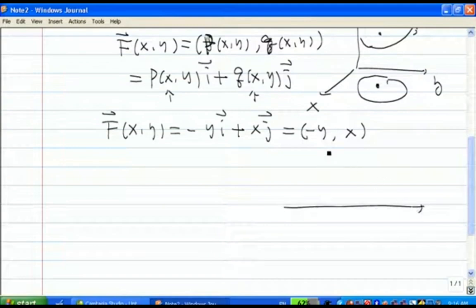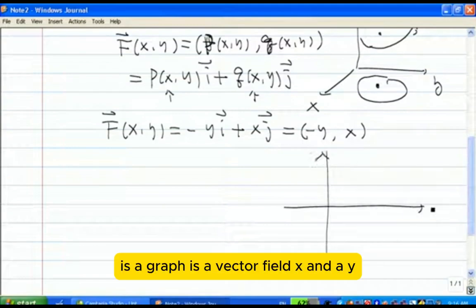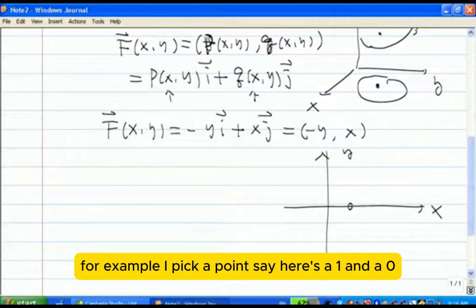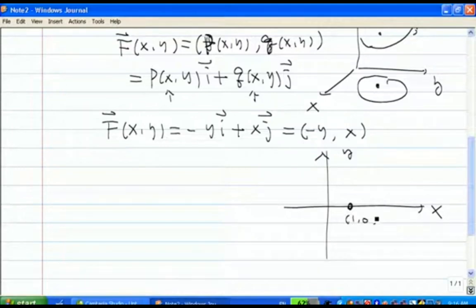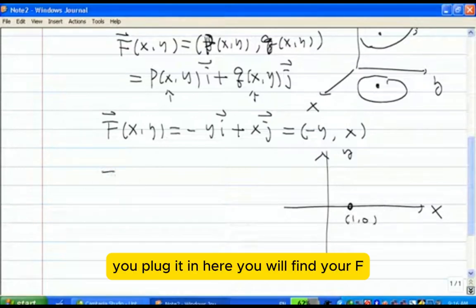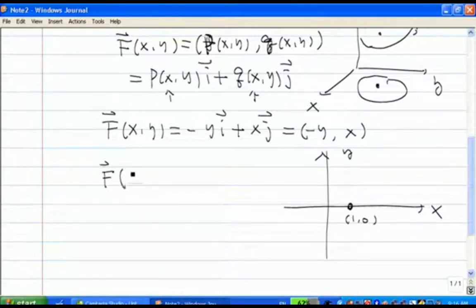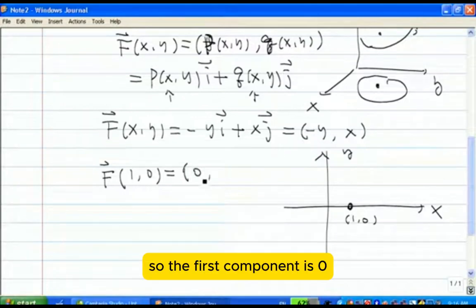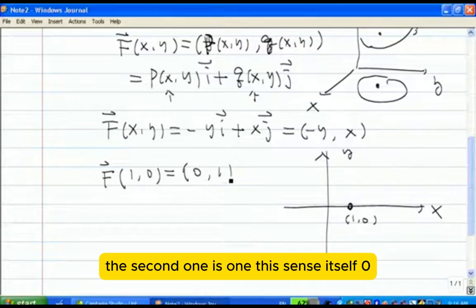Its graph is a vector field in x and y. For example, I pick a point, say here's (1, 0). You plug in here. You will find your F(1, 0), which means when you see x replaced by 1, when you see y replaced by 0. So the first component is 0, the second one is 1. So (0, 1) itself is a vector.